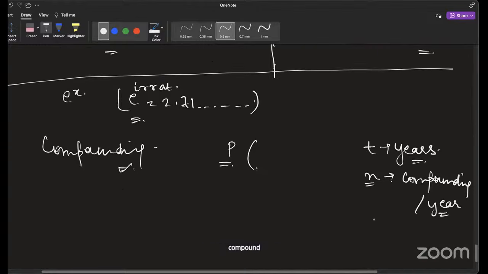Compounding per year means if you have compounded monthly, there are 12 months, and if it gets compounded every month, then it gets compounded 12 times in a year, where n will be 12. For monthly, it's 12. For quarterly, it's 4.